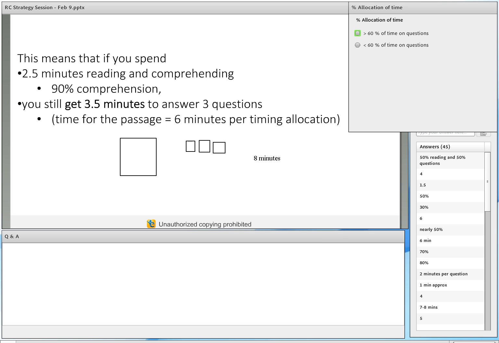Okay, let me change the poll. Let me do it 50% of time. Okay, now tell me. Now I want you to make sure that when you start reading the question, when you go back to the passage, that time is still considered towards that question.